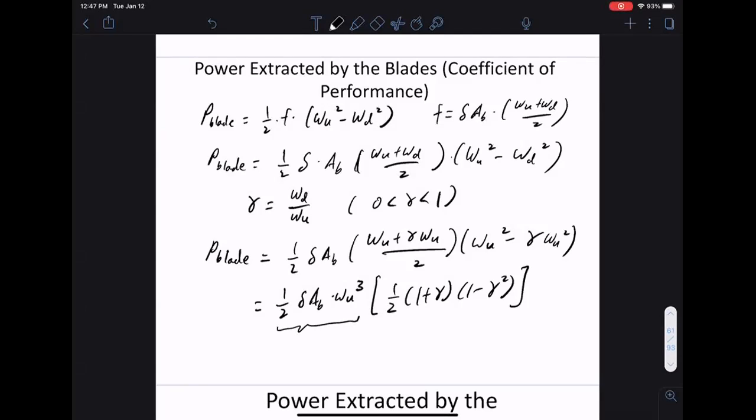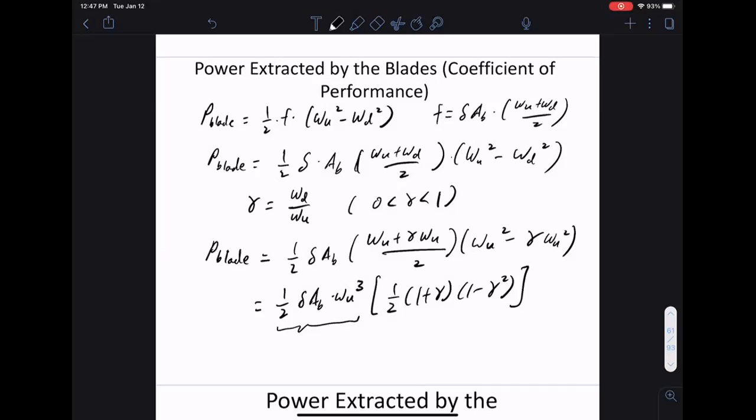What does this term mean? That's just the total power in the wind, right? Yeah, this is the total power in the wind. This is the amount of power you can extract from wind if you pick up all the speed in the wind, right?